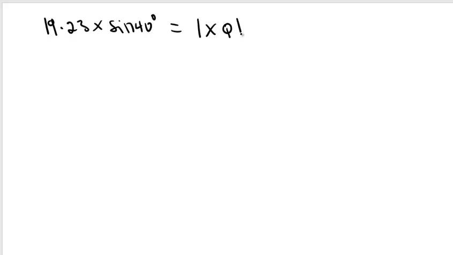When you multiply 19.23 times sine 40 degrees, your calculator should give you 12.36, being equal to the length of XQ.